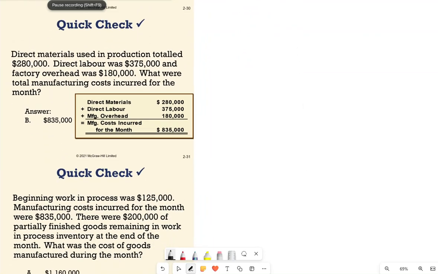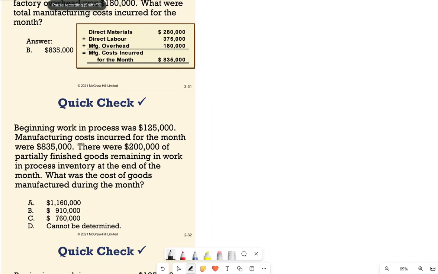Going further, let's go further. Now what we're looking for is not the total manufacturing cost, we got that, now we're looking for cost of goods manufactured. For that you need a work in process beginning. So we have a beginning work in process, and then we have a total manufacturing cost.